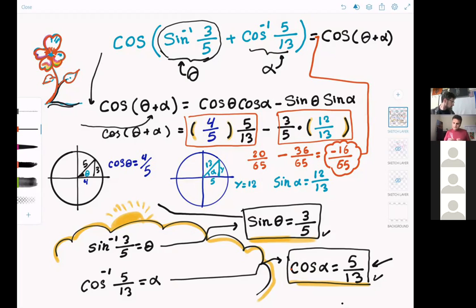Very good. I mean, yeah, we didn't make any algebraic mistake. The formula has a negative here. Very nice. But in the picture, even this theta was here in the first quadrant, and that was positive, this was positive. How come we got negative for cosine?